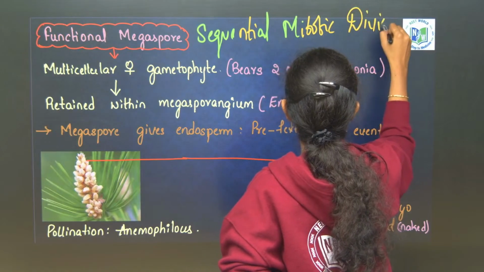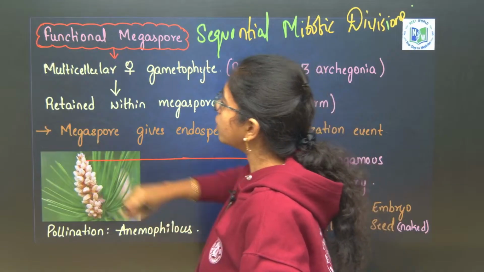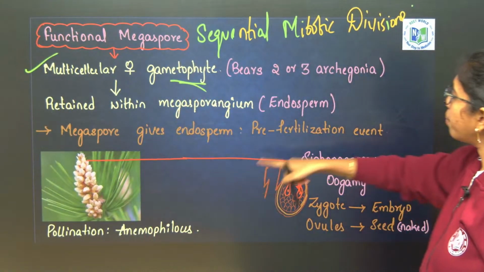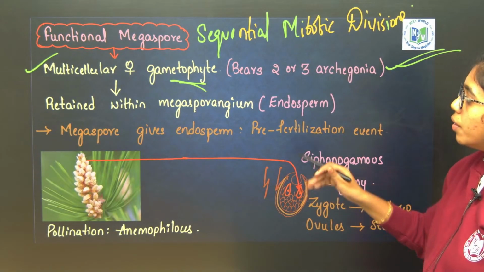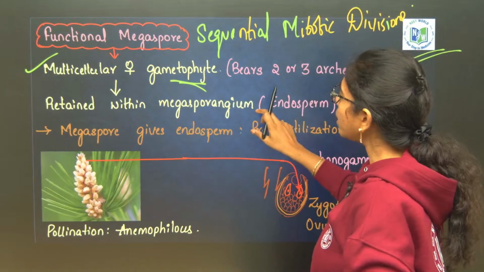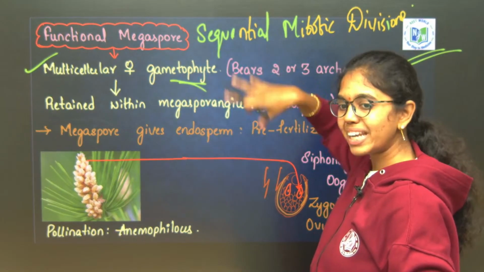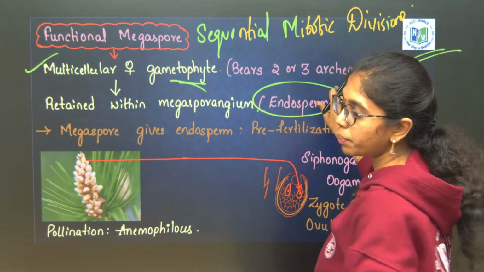After sequential mitotic divisions, this will form a multicellular female gametophyte which will bear 2 to 3 archegonia. These are retained within the megasporangium, right? So they are undergoing mitosis and turning into a many-celled condition. Those cells are called endosperm over here.